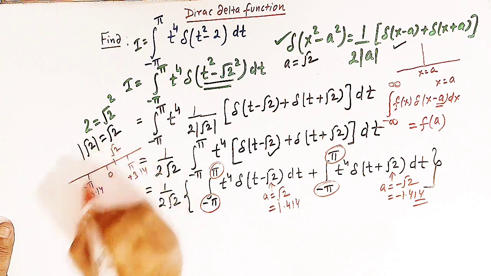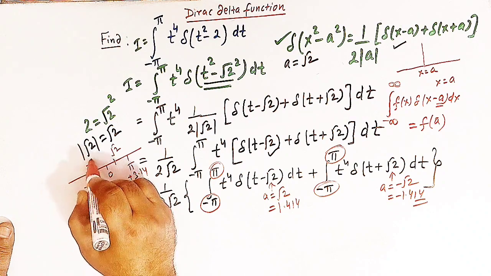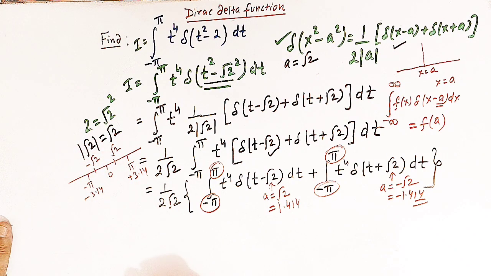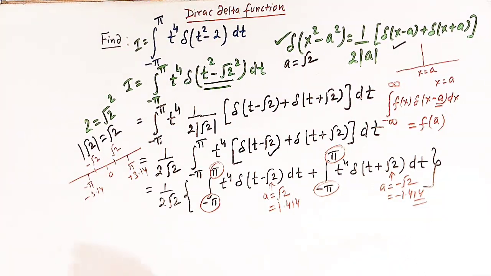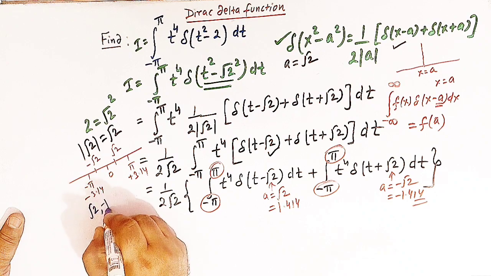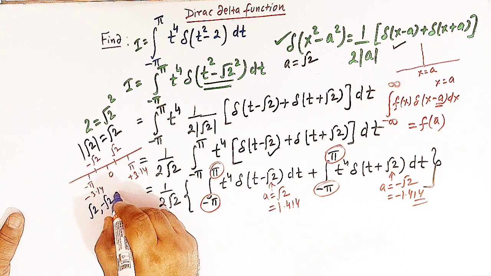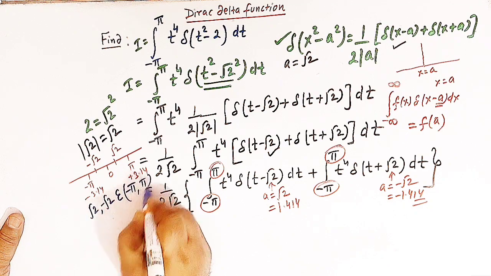So here we have square root of 2, and here we have minus square root of 2, right? So we can write that square root of 2 and minus square root of 2 both belong to this interval, that is minus pi to pi.